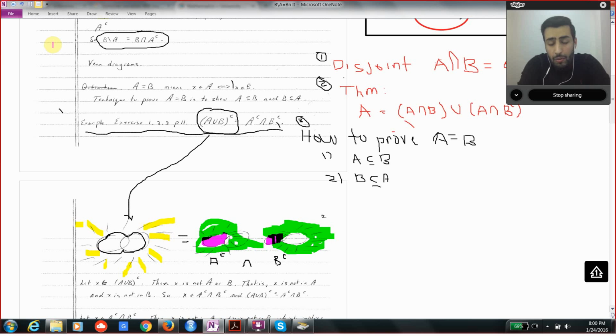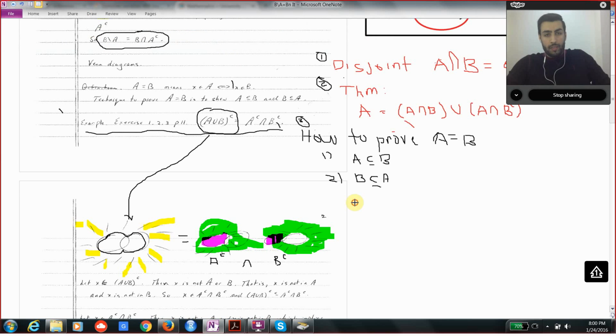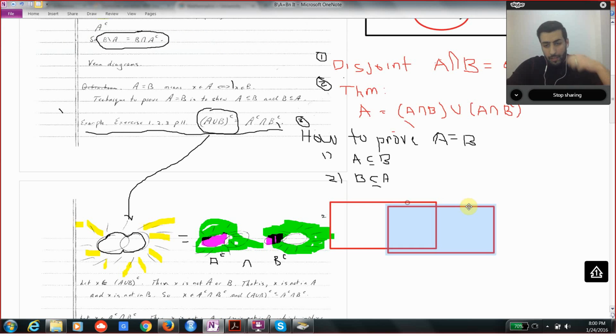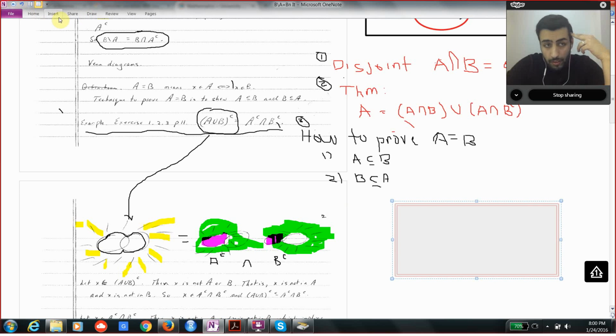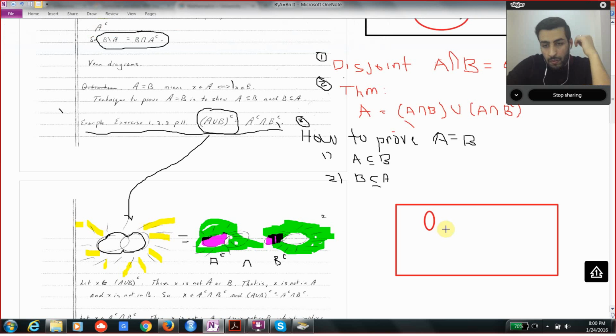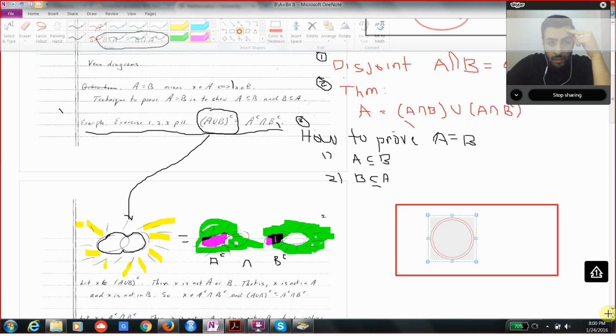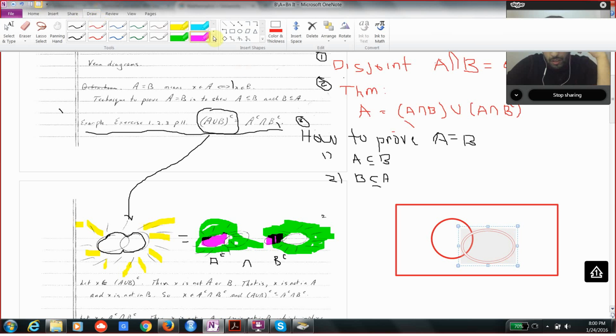Okay, here's what I'm going to do. Let me do it this way. I don't like his drawing. Let me do a different drawing, okay? I'm going to draw A and B. And then we'll draw B. Okay, let me make that a different color.